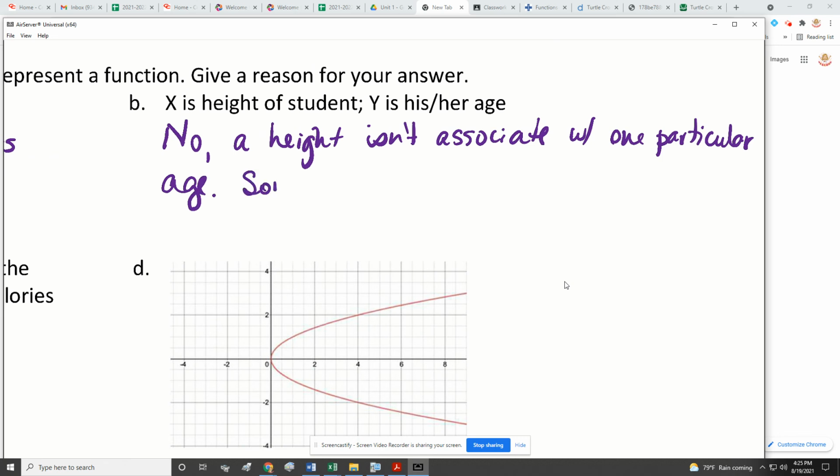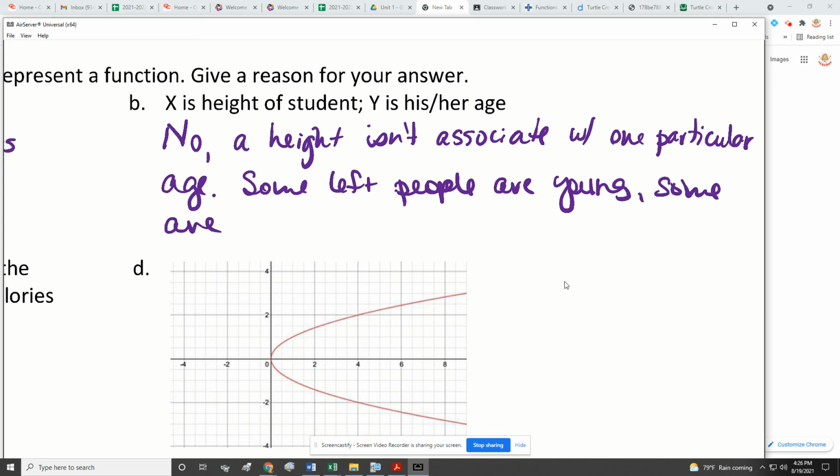So some 6-foot people are young, and some are older. So you can't have a function that tells you, like, if you're 15 years old, this is how tall you are. So that's what he's talking about.